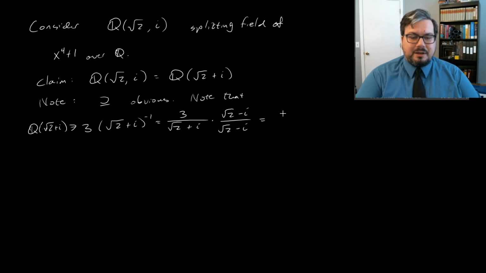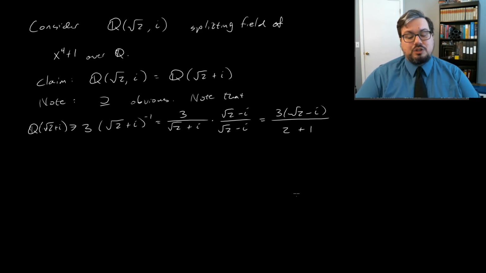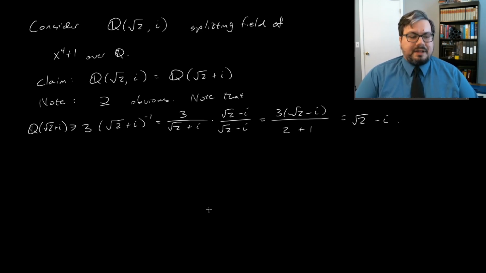And if we do that, we wind up with 3 times the square root of 2 minus i over, now the square root of 2 plus i times the square root of 2 minus i is actually 2 plus 1. And so simplifying all that out, we get the square root of 2 minus i.